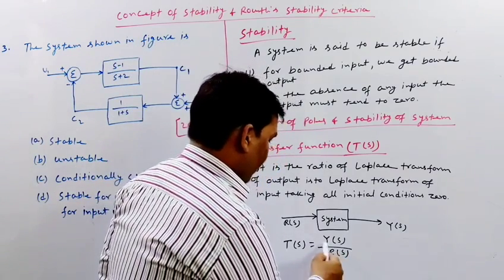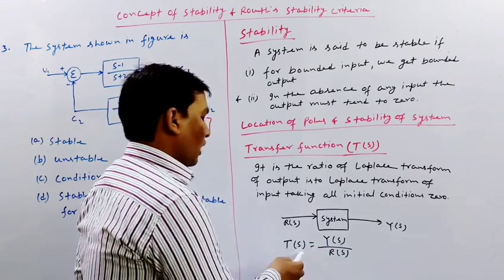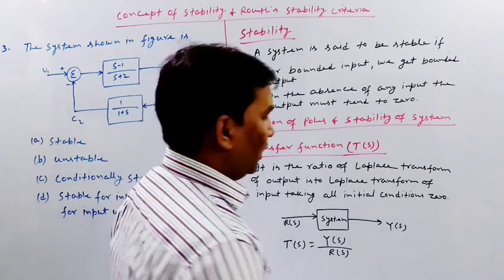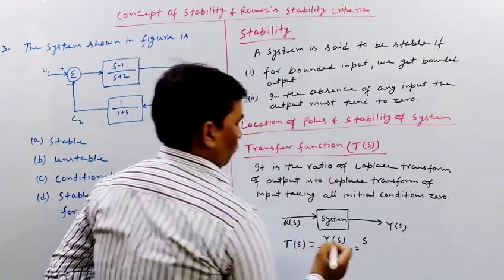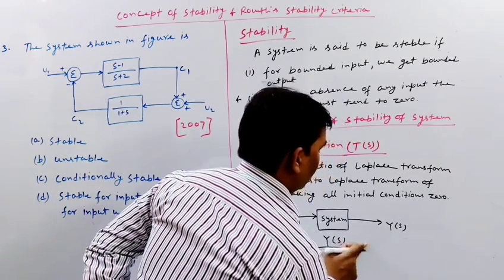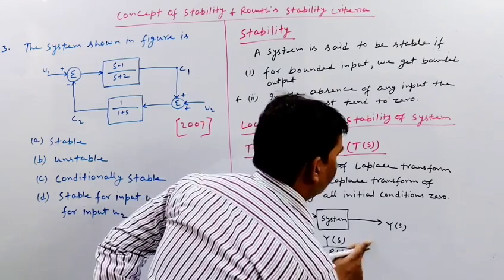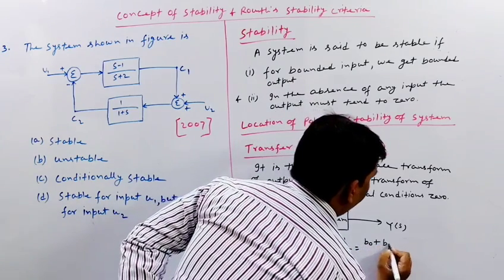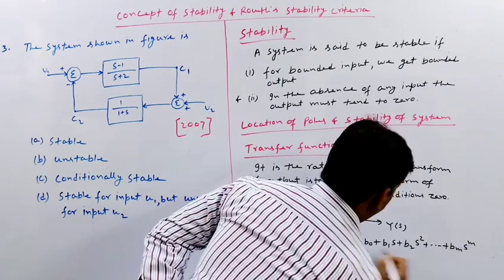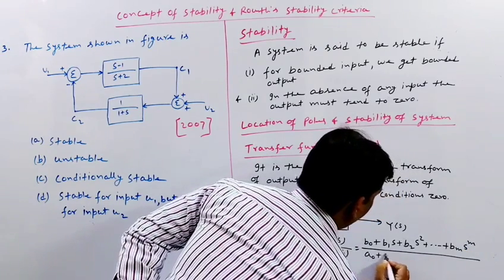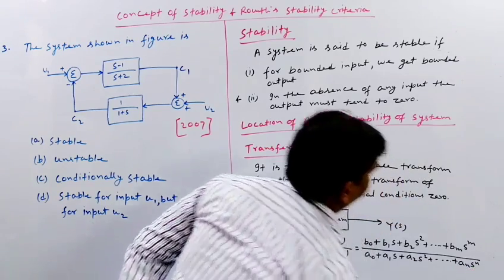Suppose it is of the form B naught plus B1 S plus B2 S square dot plus Bm S to the power m divided by A naught plus A1 S plus A2 S square dot plus An S to the power n.